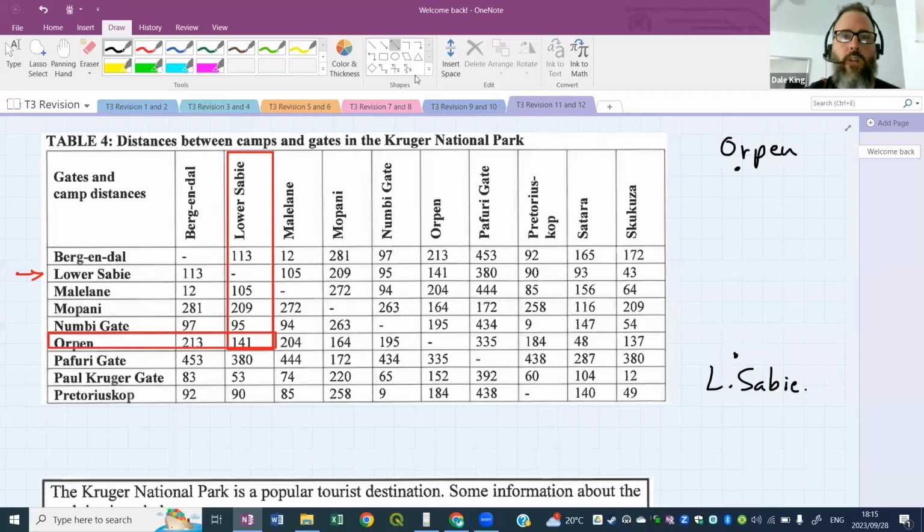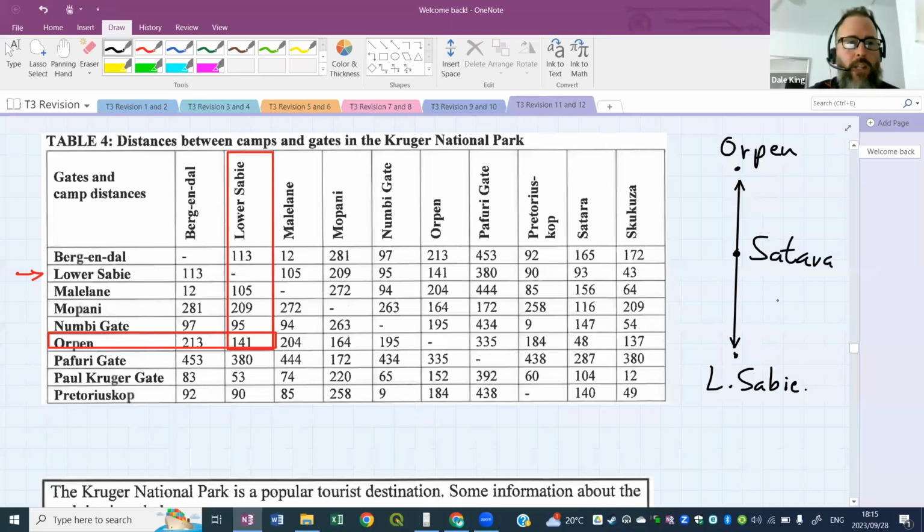So we know that this distance from this point to this point is 141 kilometers. Now they say, look at the table and prove that this journey from Alpen to Lower Sabi goes via Satara. So I'm going to say that we should be going through another point, which is Satara.